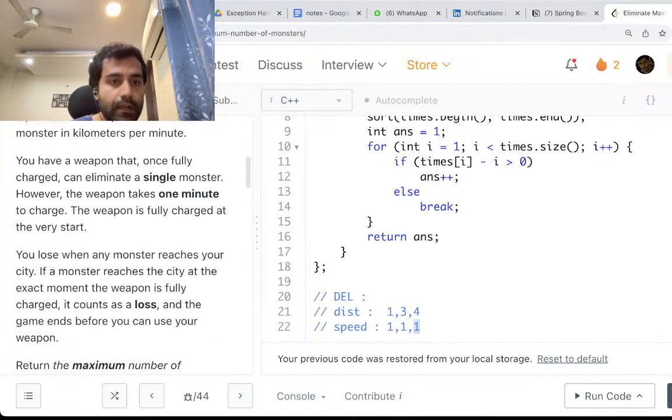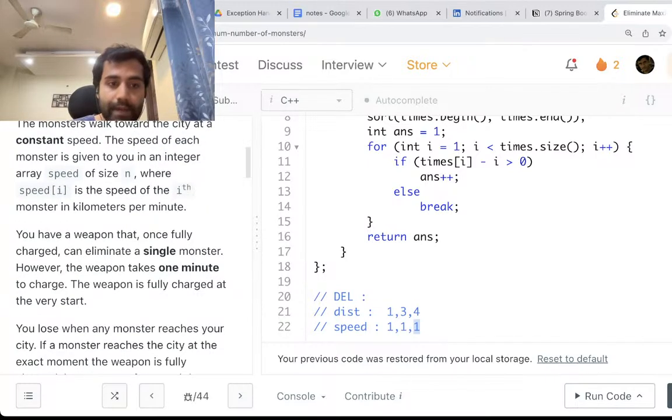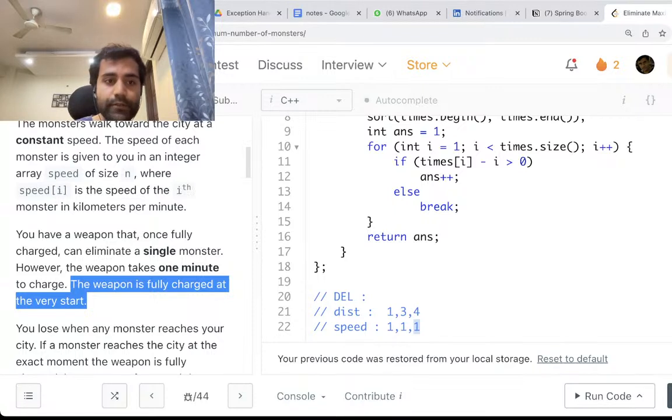Now the question says that we have a weapon. Once fully charged, it can eliminate a single monster. So let's say we have a weapon, and if initially the weapon is fully charged, it can kill a monster instantly.